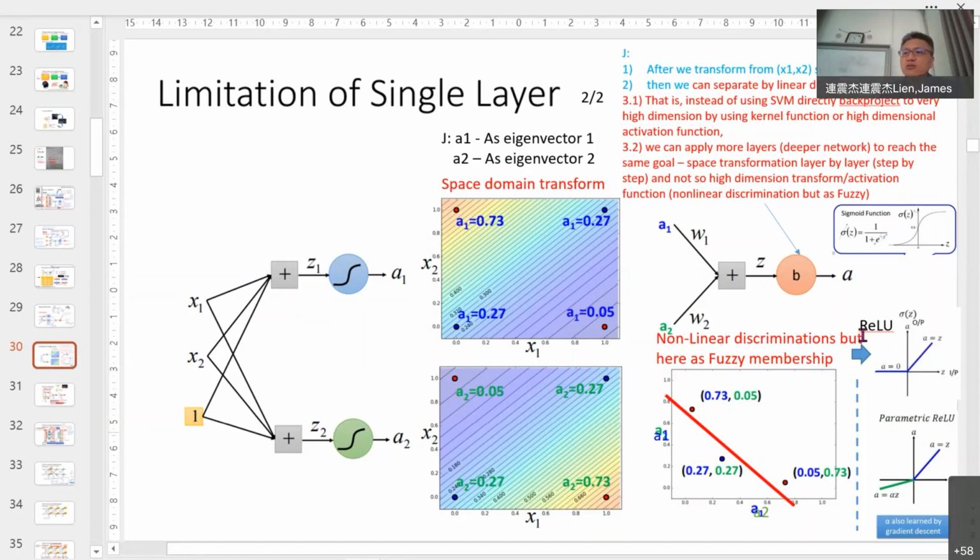because we don't need to use this nonlinear equation.